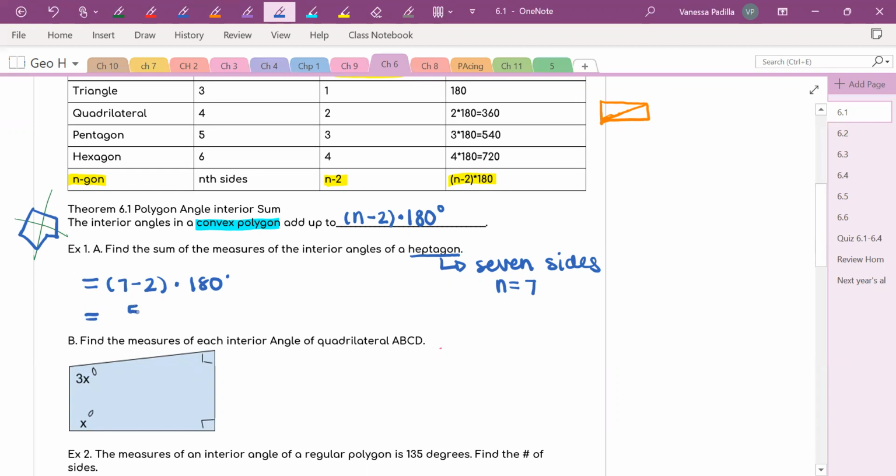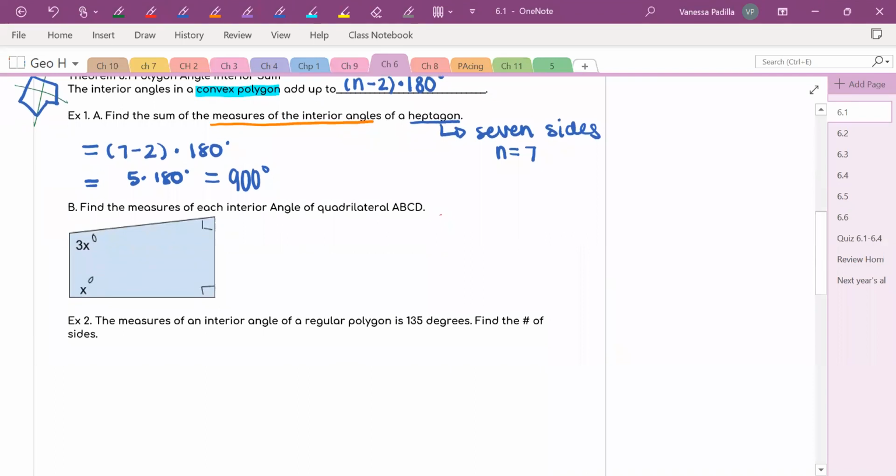So that would give us 5 times 180. And I'm going to take my calculator, just plug that in really quickly. And I'm going to get 900 degrees. So find the sum of the measures of the interior angles, so of all the angles. If I just wanted one of the angles, and if it was a regular heptagon, then I would just divide this by 7.